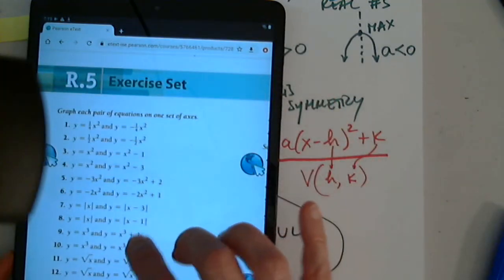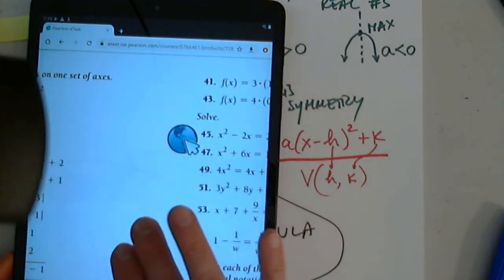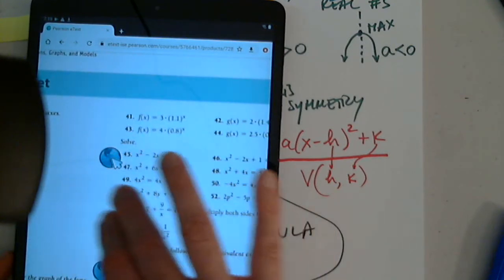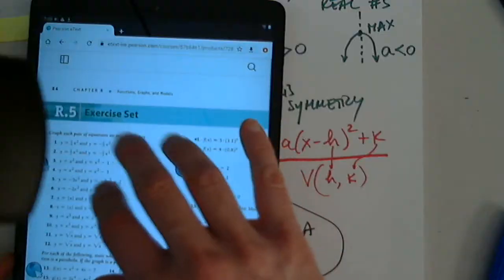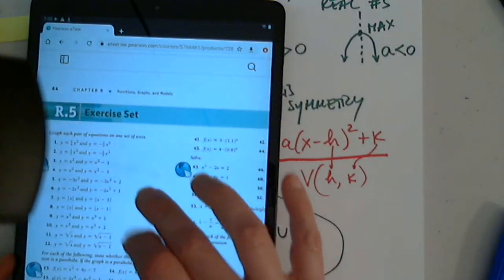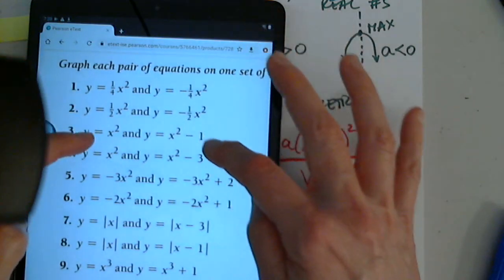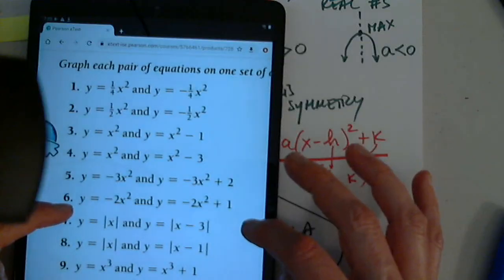So we can look at these functions. We have the equations. Let me see, it's page 64. So these are the quadratic equations.